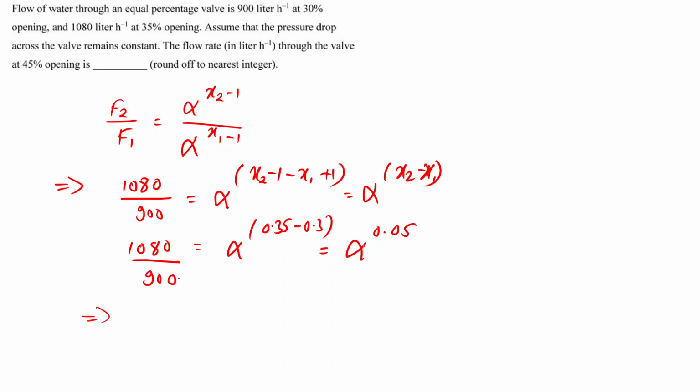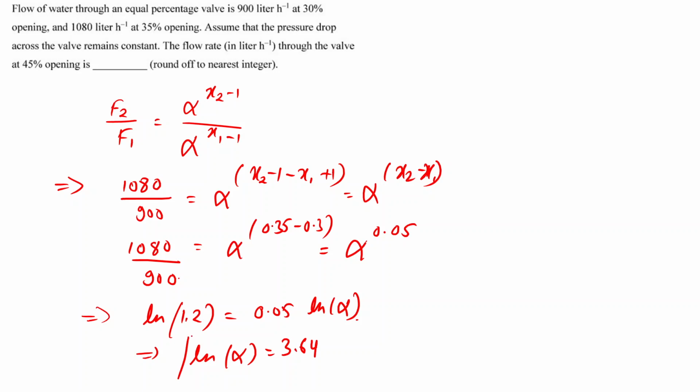Now to find the value of alpha, we can take log of this, and it will become ln of 1080 divided by 900, which is 1.2, equal to 0.05 times ln of alpha. That is, the value of ln of alpha will be ln of 1.2, which is 0.1823, divided by 0.05. So that is 3.64.